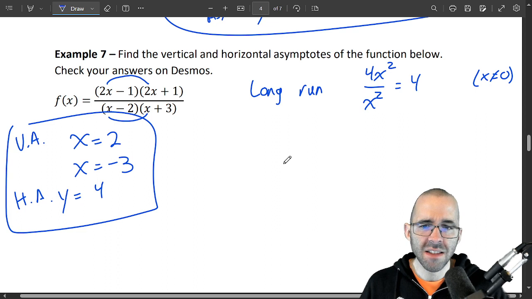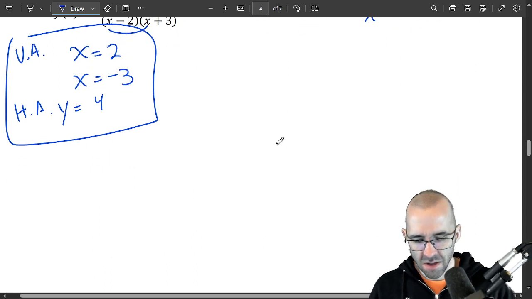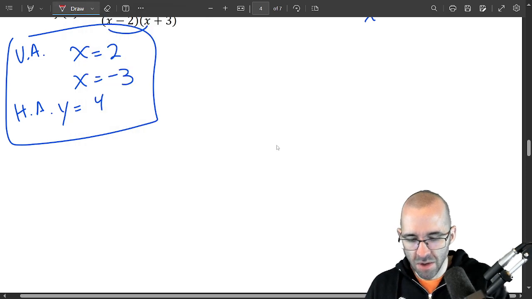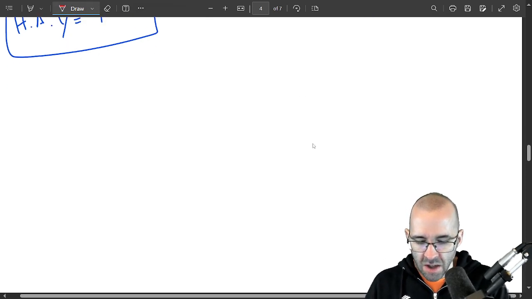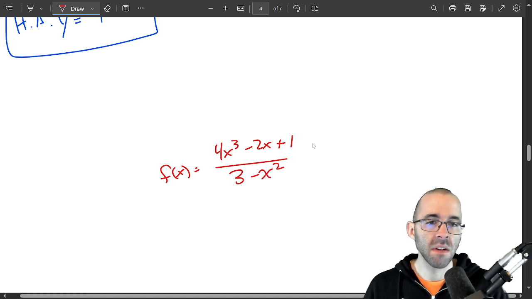So you might be asking, how could the long-run behavior not approach a number? Well, let's look at this example. What if our function looked like 4x cubed minus 2x plus 1 over 3 minus x squared?